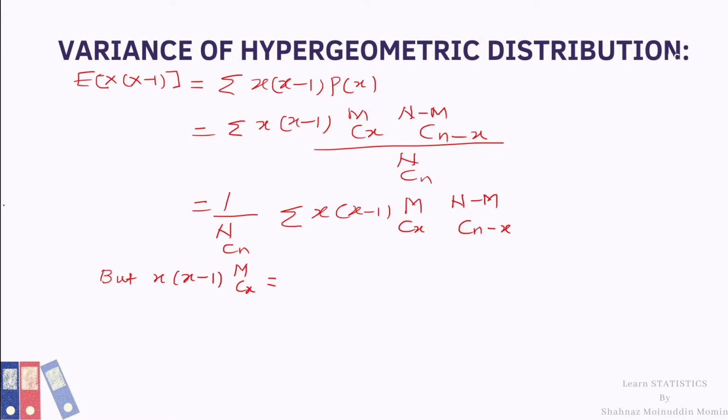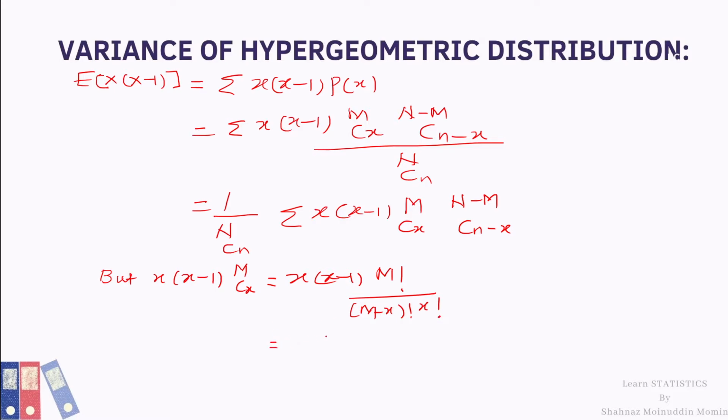But x into x minus 1 mCx is equal to x into x minus 1 m factorial upon m minus x factorial into x factorial.